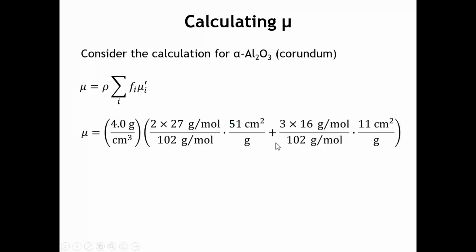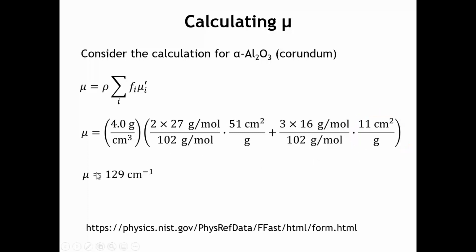Here's the mass fraction of oxygen times the mass absorption coefficient of oxygen. And when you plug all that in, you come up with a value of 129 inverse centimeters. So these linear absorption coefficients, the units are going to be 1 over distance. They're normally expressed in 1 over centimeters. Now, I did the calculation here for illustrative purposes, but if you go to this NIST website and you put in the density of your material, it'll actually do the calculation for you.